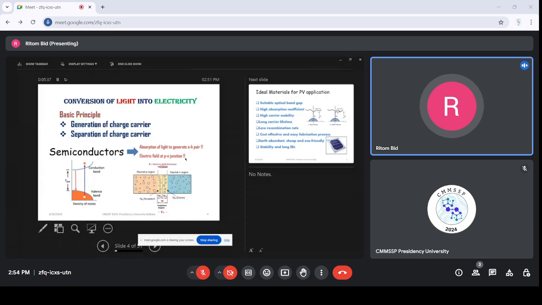This is the basic electric field at the heterojunction, at the junction. And so these two are the basic principle of any optoelectronic devices: due to the light, electron hole pair creation, and the separation of the electron hole pairs to the outer circuit to get the current. Okay.